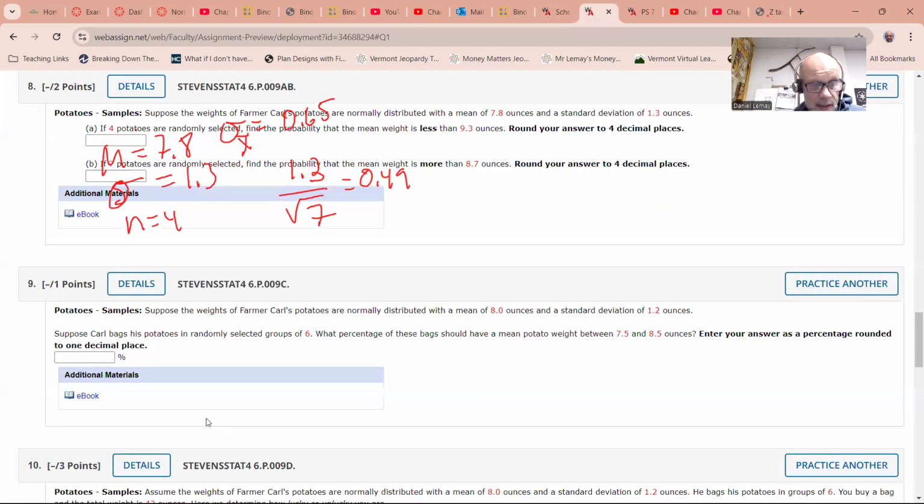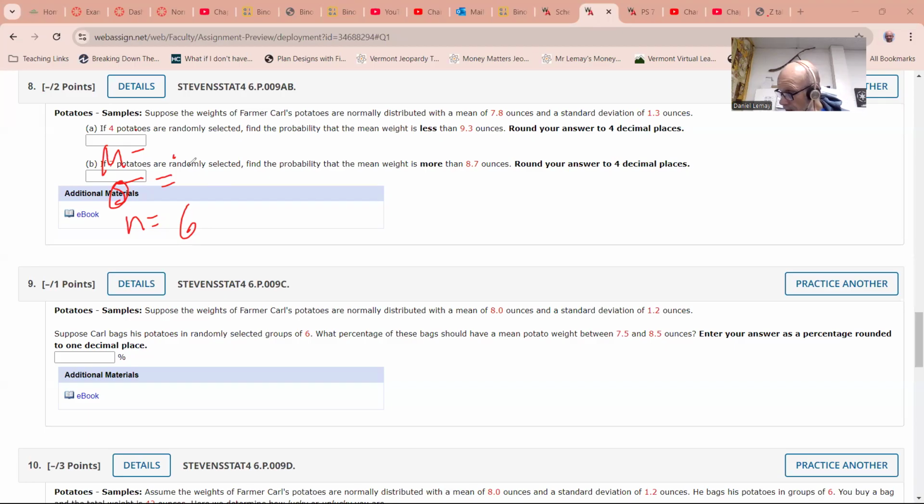well, let's do this one because this one can be confusing. Let's see. Samples of eight. So now we get a mean of 8. We've got a standard deviation of 1.2, but we get a sample size, groups of 6. So our sample size is 6. So here, let me do some erasing. So I get an average of 6 bags.